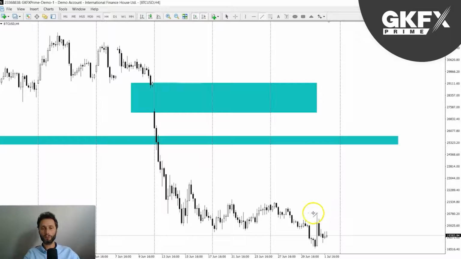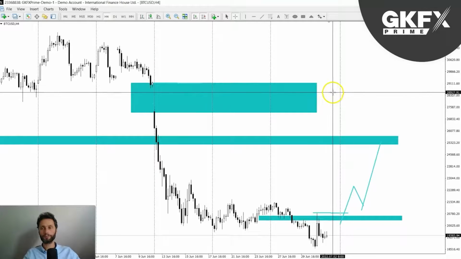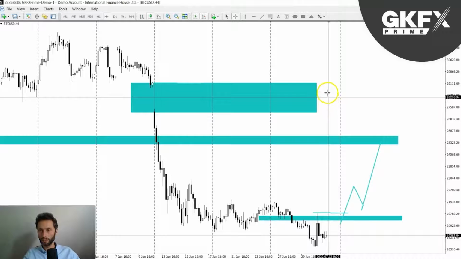So I would like to see a break above this structure high, then a pullback, which will give a nice cheaper price into this zone, and then a possible continuation into the first zone of target up here, and then the next one will be up here at the 28 level to be conservative.